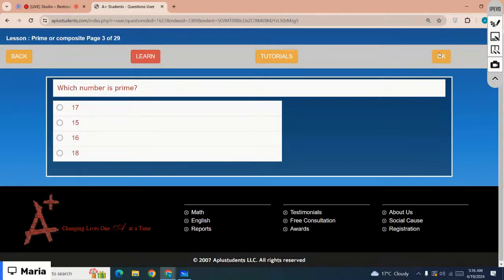The correct option is 17. The only prime number here is 17, right?